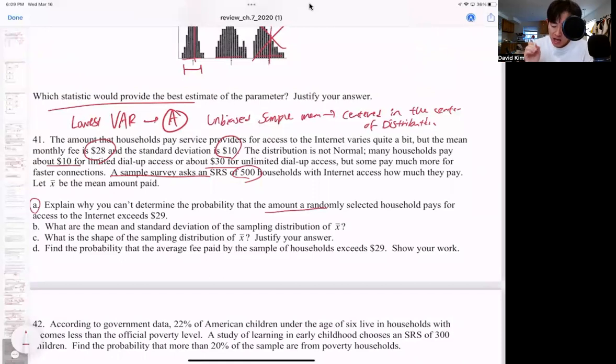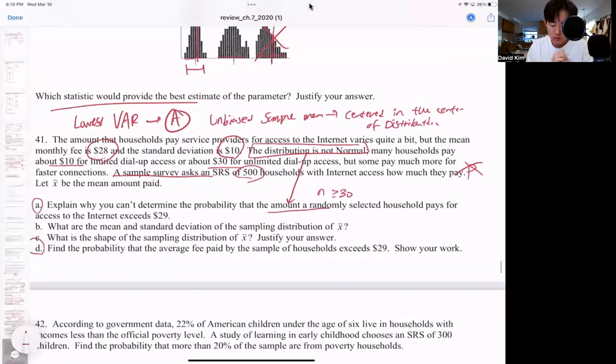They say specifically that the distribution is not normal. This refers to the population distribution. Why can't you just assume normality using n greater than or equal to 30 and the central limit theorem?